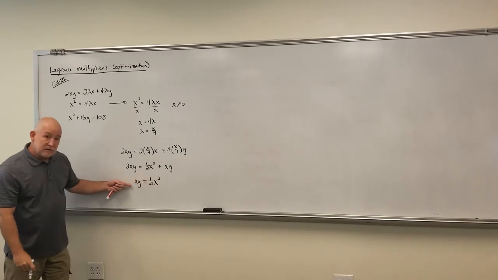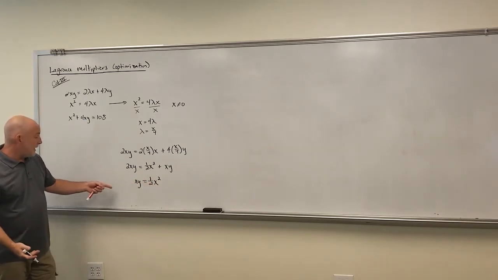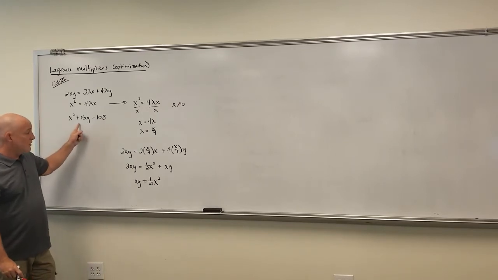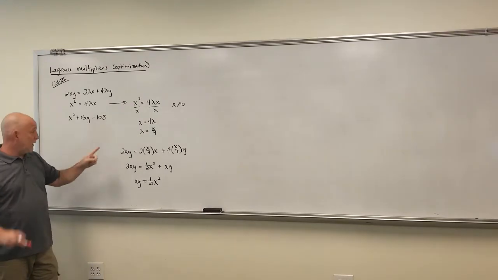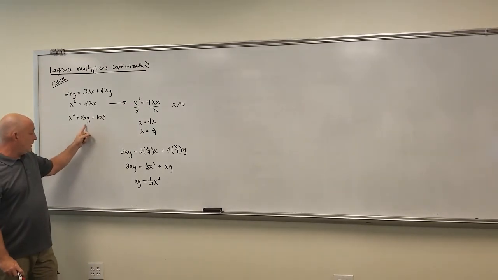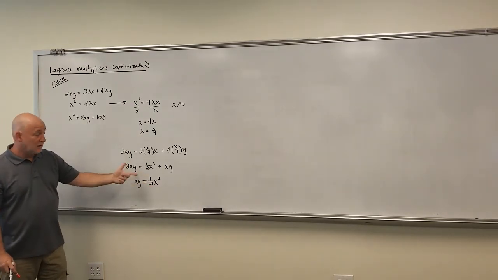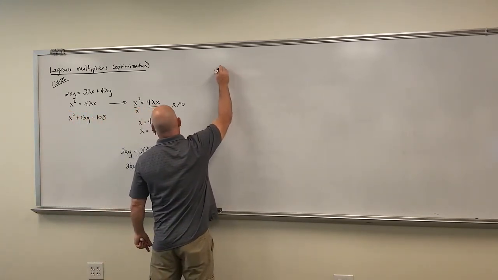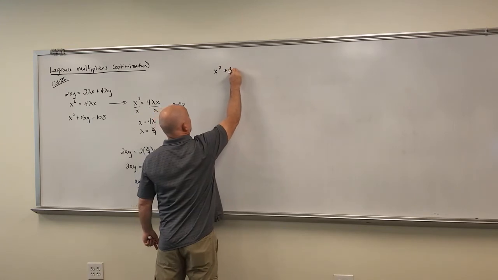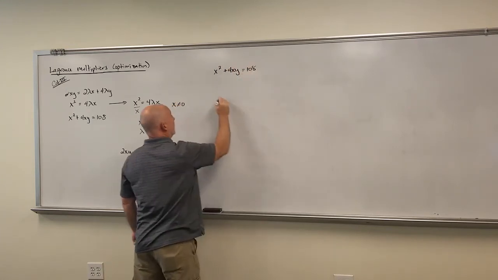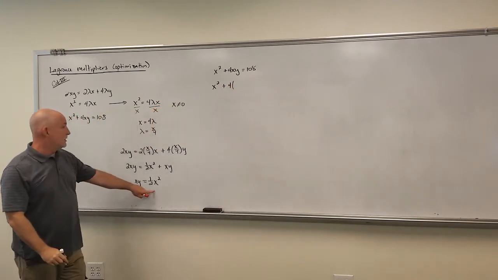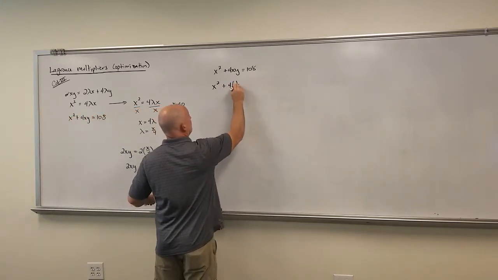Now again, we have x's on both sides. I could divide that out if I wanted to. However, we can get there a little bit easier because the last equation I haven't used yet is this, and notice it has the variable xy in it. So I can just replace xy in this with something that only has x's. So this is one way that you can do it. I'm going to take x squared plus 4xy is equal to 108, and I know according to this, xy is equal to 1/2 x squared.